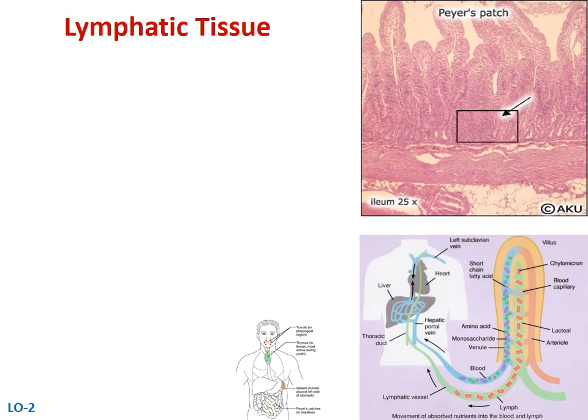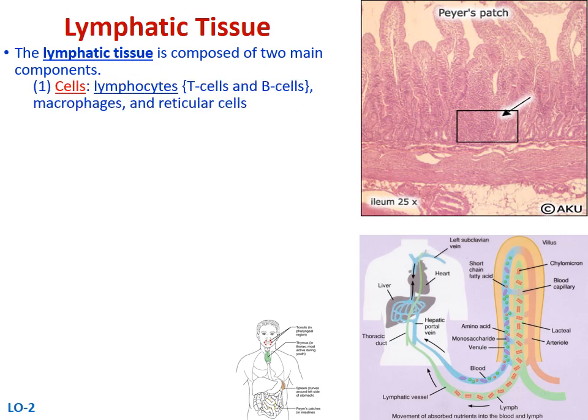Another lymphatic tissue is the Peyer's patches. Lymphatic tissue consists of aggregated lymphocytes, B cells and T cells, with a supporting framework of reticular connective tissue.